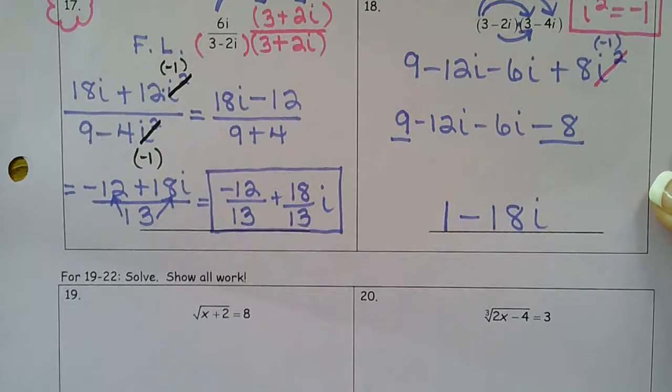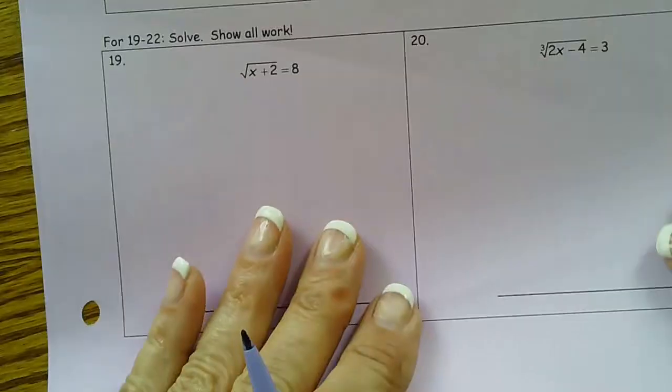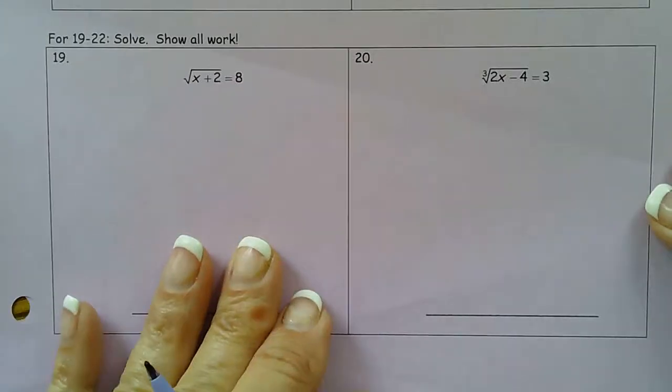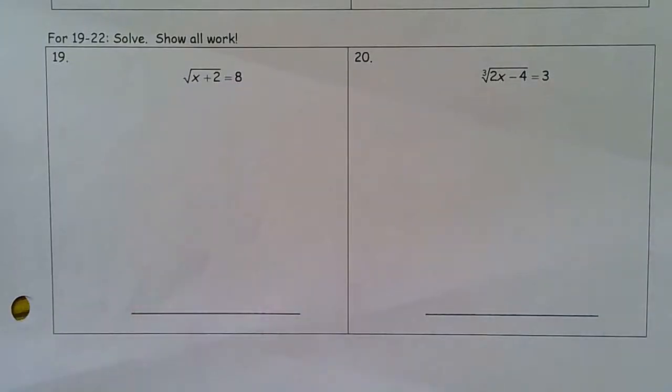Okay, our last section we studied in our notes was solving radical equations. So I put 2 pretty easy ones on your test and 2 that were a little bit more difficult. So these are the 2 easy ones, and we'll save the 2 harder ones for the next video.